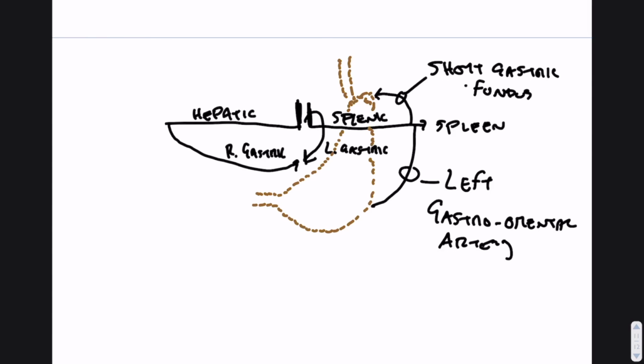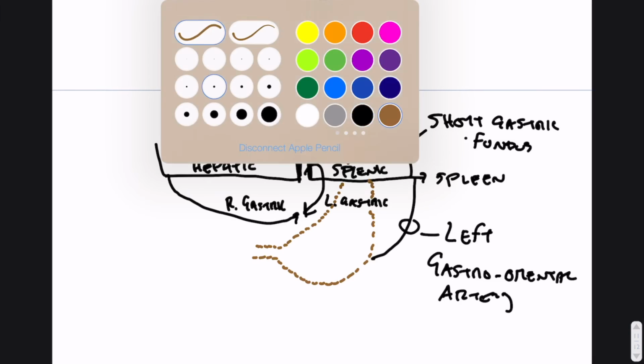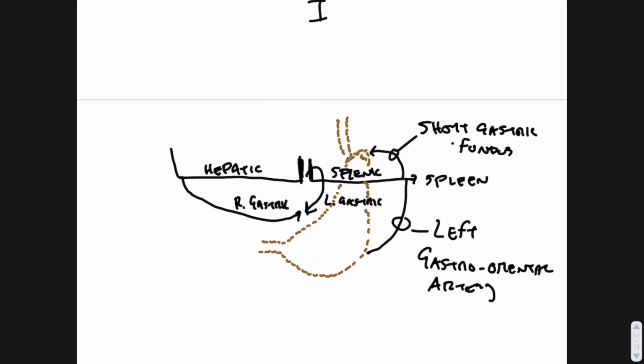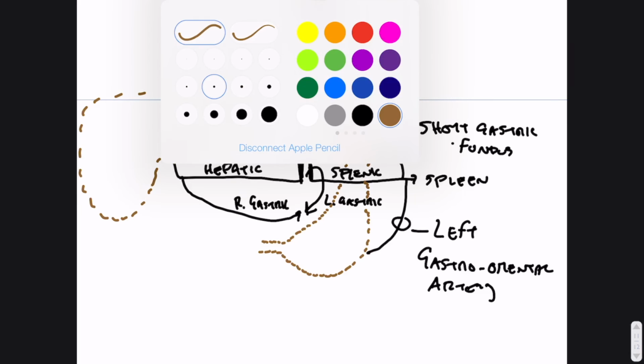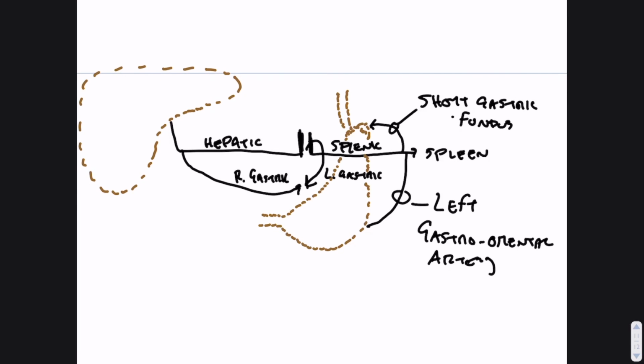So the hepatic is going to go kind of like this. There's the terms called proper hepatic and common hepatic. That doesn't really matter, but I'm going to draw our liver in here. Okay, so the hepatic is just going to head up to that liver. It sends off the branch to the right gastric. And then it also sends off another branch going down like this.